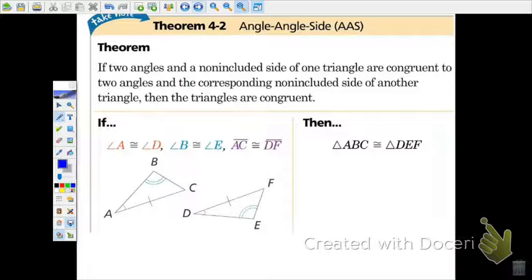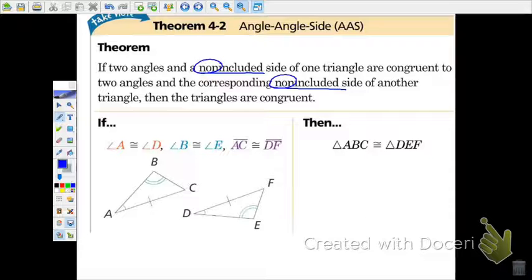So with angle, angle, side, if two angles and the non-included side of one triangle are congruent to two angles and the corresponding non-included side of another triangle, then the triangles are congruent. So again, order matters.